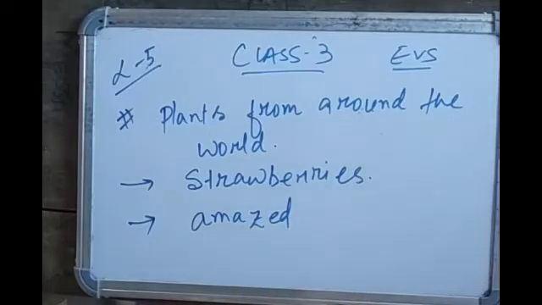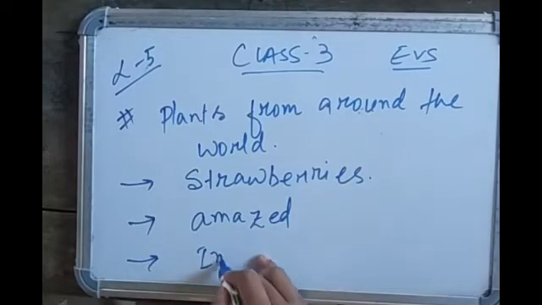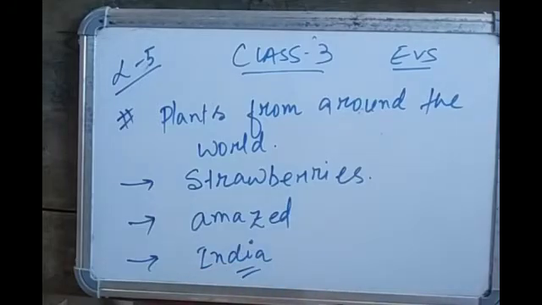He told Arab that strawberries were not grown in India when he was young. This is about plants from around the world. Arab's father brought home some strawberries, and Arab's grandfather was quite amazed to see them.